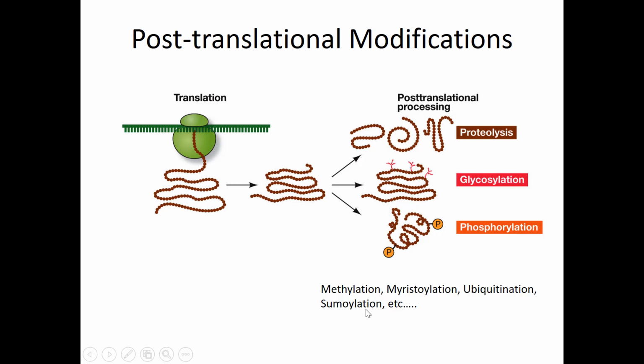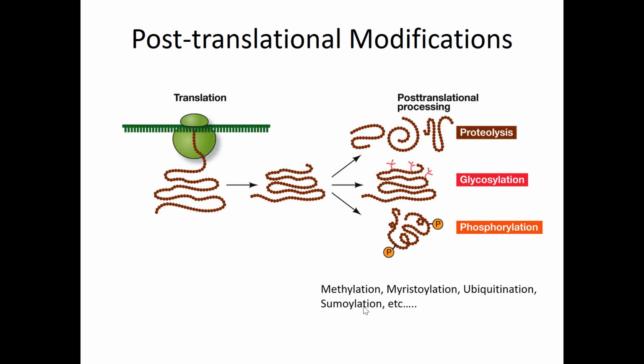Sumoylation, adding a SUMO, which is a small ubiquitin-like modifier, an entire complex added to the polypeptide to change and help to control its function. And so there are a number of different ways in which you can modify these proteins.